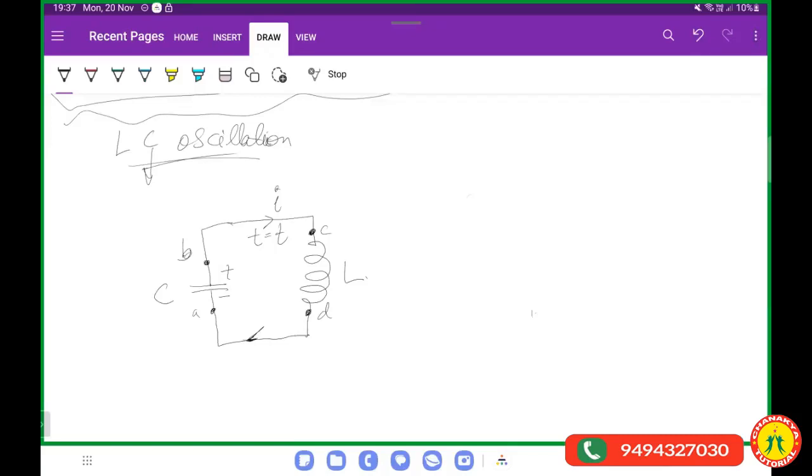If there is no resistance, there is no energy loss, because only in resistance will energy loss be there. So here the energy is fully utilized, and no energy is radiated outside or somewhere. It is totally utilized.